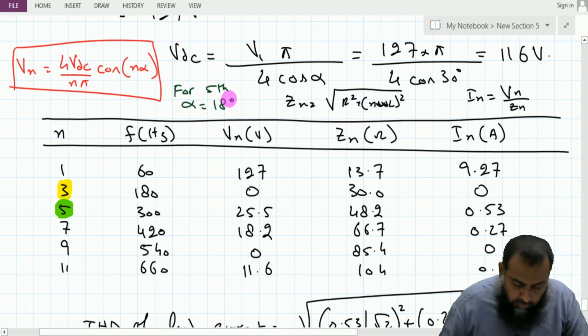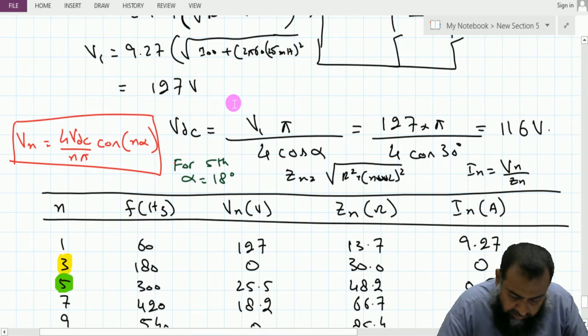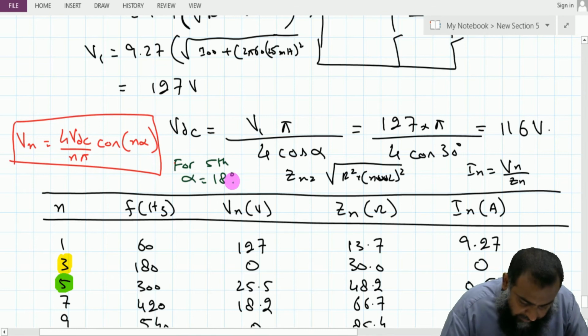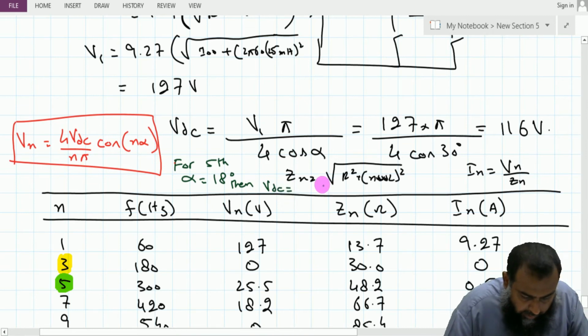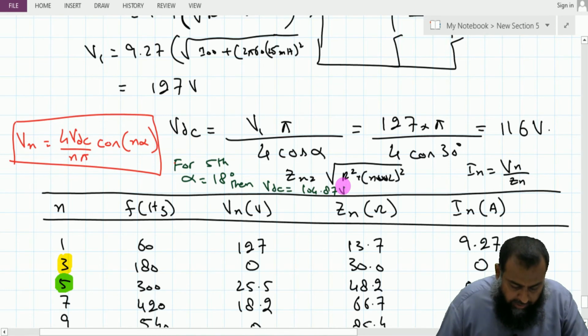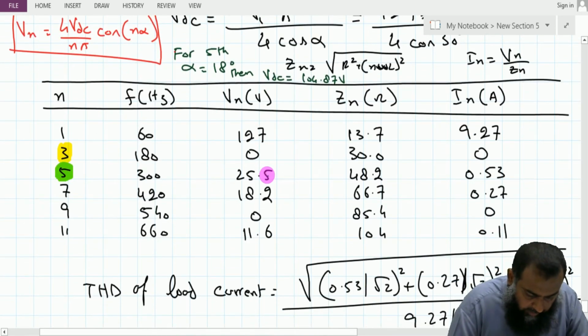If I put this equal to 18 degrees, then the first thing that we need to address is this VDC. If this alpha is made equal to 18 degrees, then this VDC becomes equal to 104.87 volt, and thereafter we can actually address this particular thing with this alpha equal to 18 degrees.